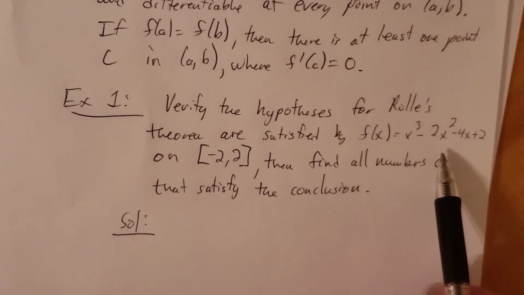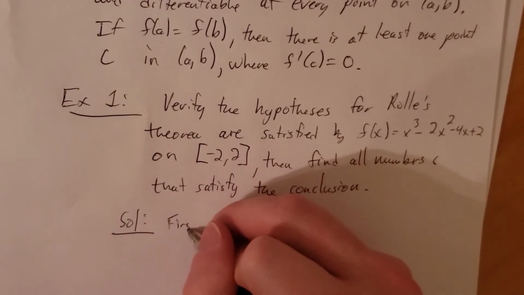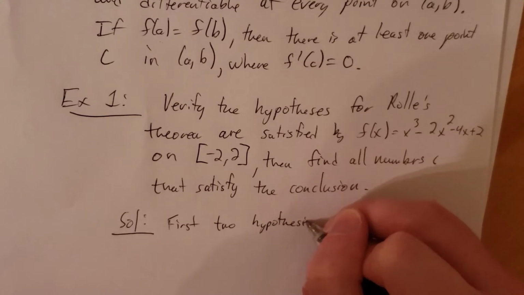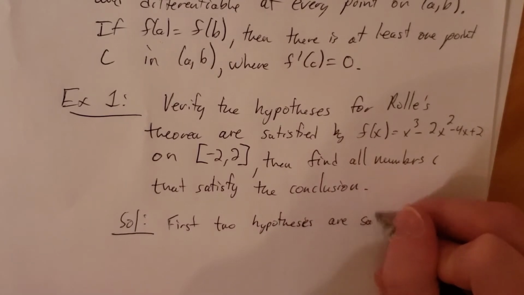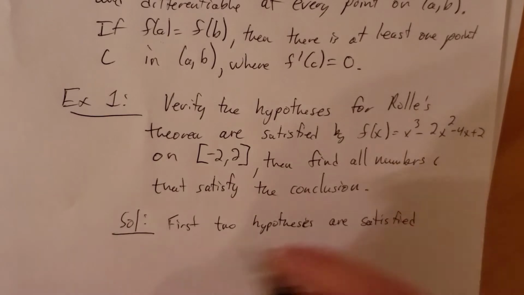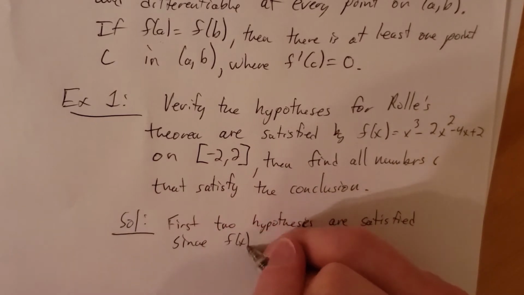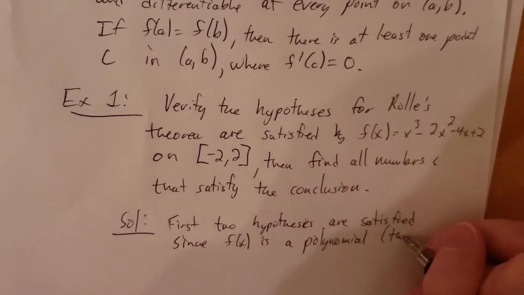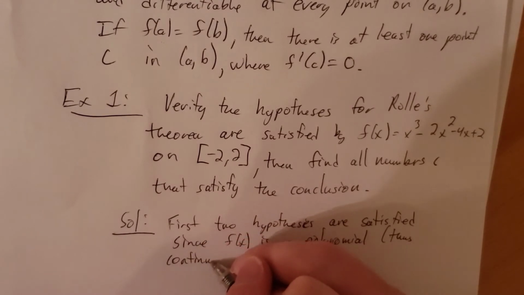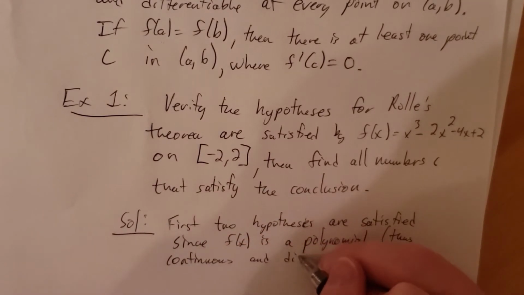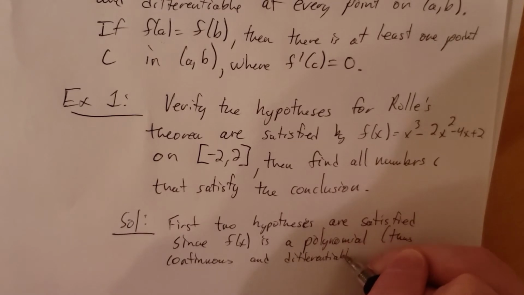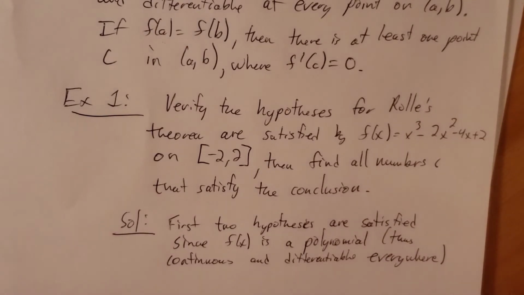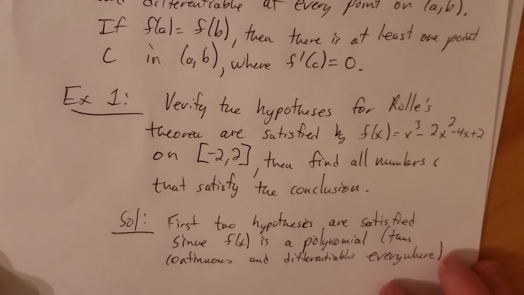So our first two hypotheses are satisfied since f of x is a polynomial, thus continuous and differentiable everywhere. So certainly it is continuous on the closed interval and differentiable on the open interval.